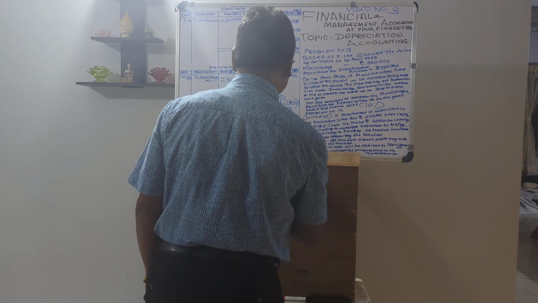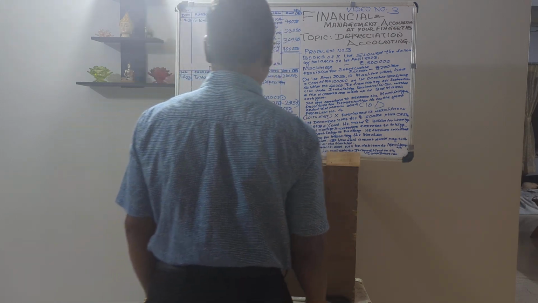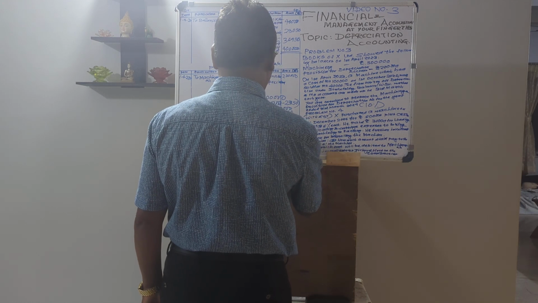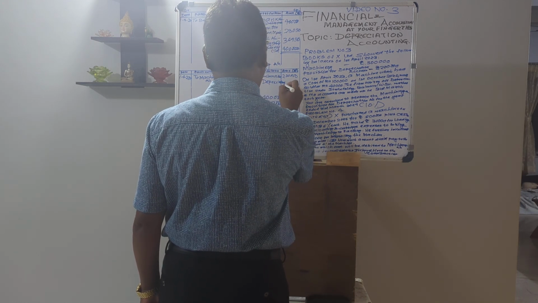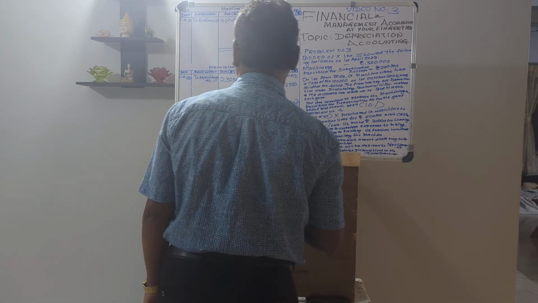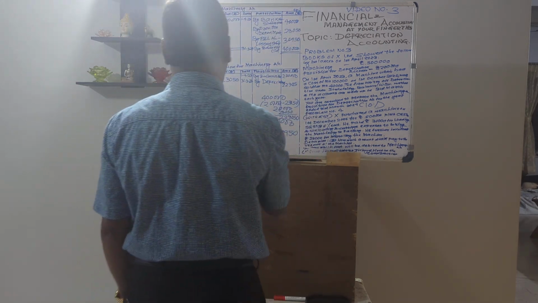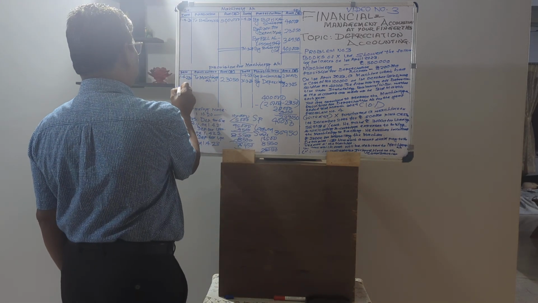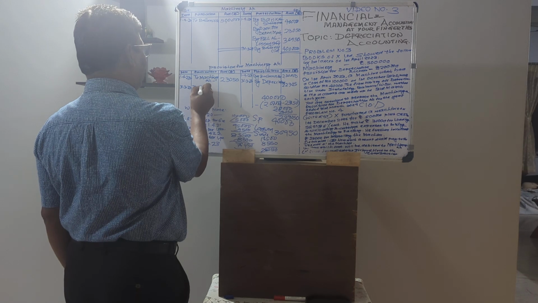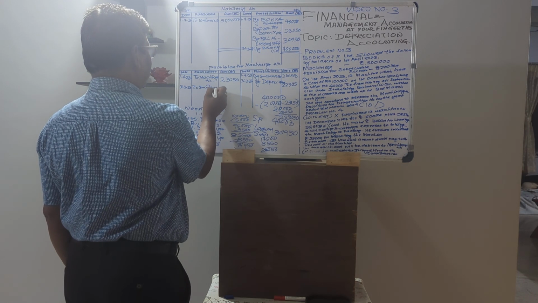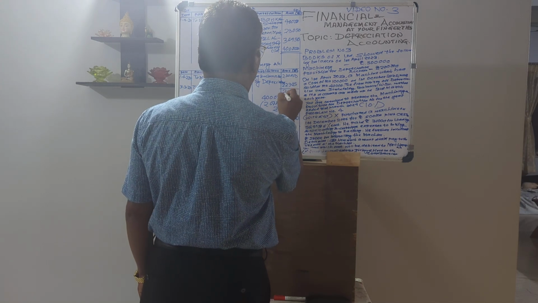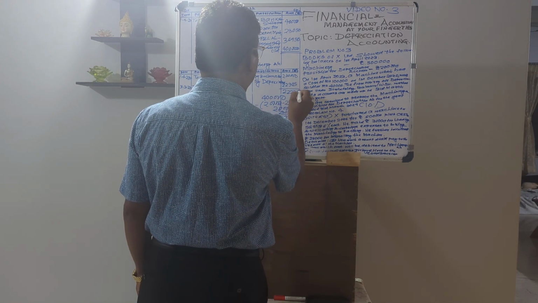So the book value is 2,23,050. So depreciation at the rate of 10% is 22,305. So the balance on 31st March 2024 to balance carried down is 2,22,305.